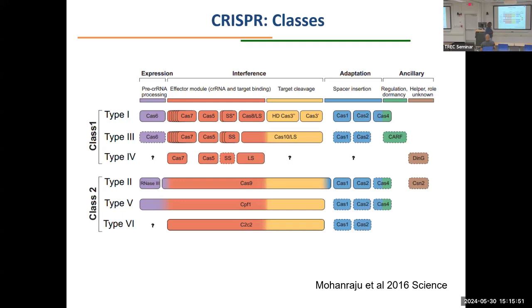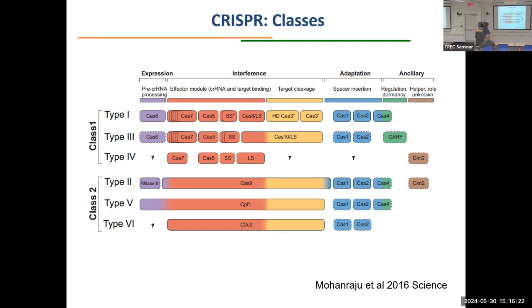Class 1 CRISPR-Cas systems need multiple Cas proteins for target cleavage and binding, whereas class 2 systems need only a single Cas protein to do the job. Cas9, Cpf1 and C2c2 are multi-domain proteins, which have several domains with several functions.